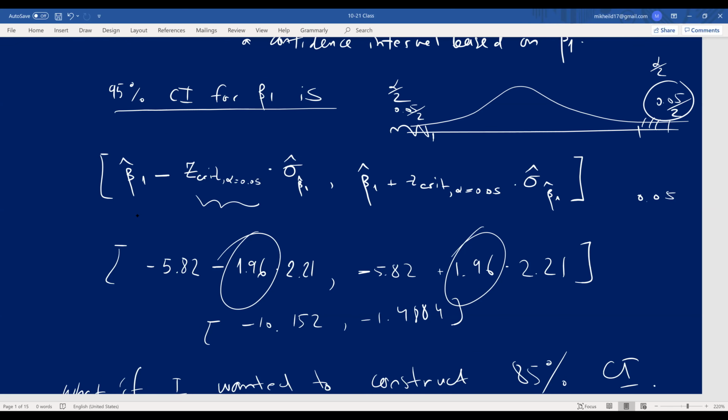Alpha is 0.05. So wouldn't you look up in the table 0.025? It would be probabilities that Z is less than small z, and you're looking for this small z, which is equal to 0.025. And then you will realize that this z is 1.96 with a minus.